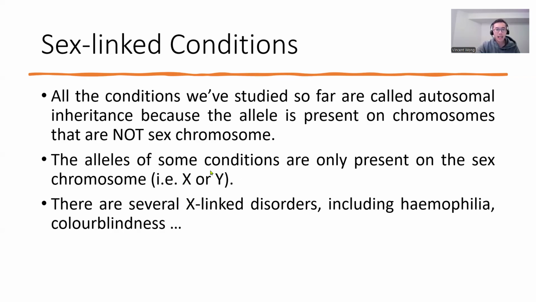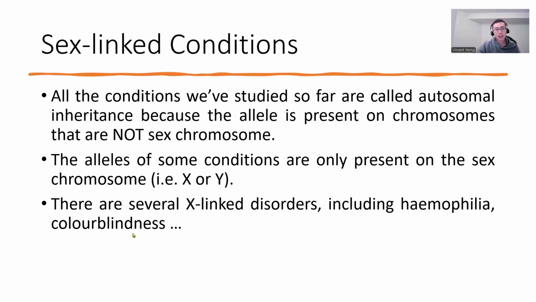If it's a Y-linked condition, then only males can get it, because only males have the Y chromosome. But if it's X-linked, it can affect both males and females. Depending on whether it is X-linked dominant or X-linked recessive, it could affect more males or more females. I'll explain in a second.